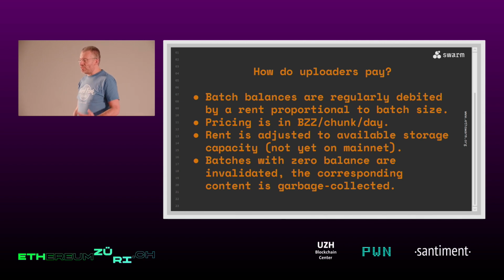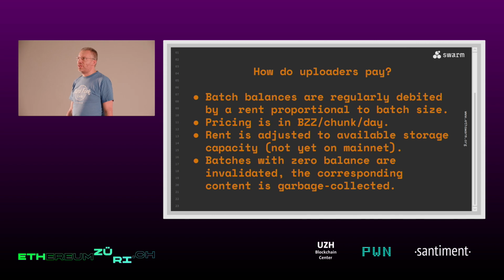And this rent is paid in this token, BZZ, per chunk per day, let's say. So basically, it's proportional to the amount of data that you store and the duration of storage. The rent is going to be continually adjusted according to supply and demand. If there's time, I'm going to talk about it. If not, then please ask me and I will answer questions about it.